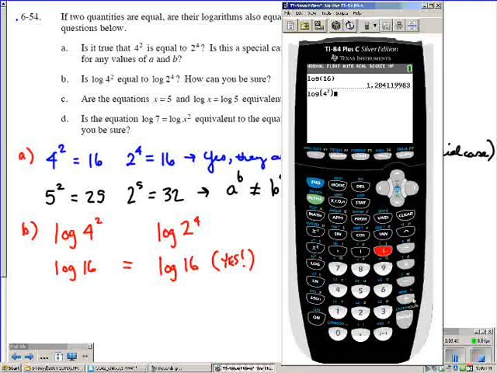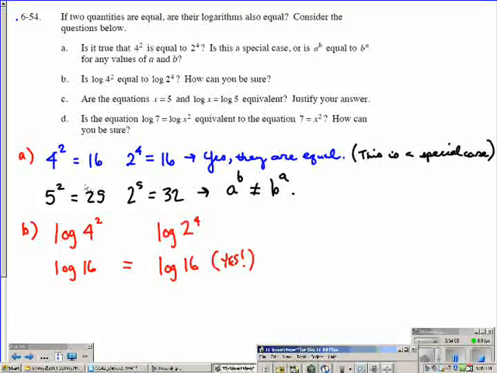We got the log of 4 squared. We get the same value. And then if we want to verify the whole thing, log of 2 to the 4th power, we get the same value again. So how can we verify it? Well, we just verified it on the calculator there. So, yes, those are all equal values.